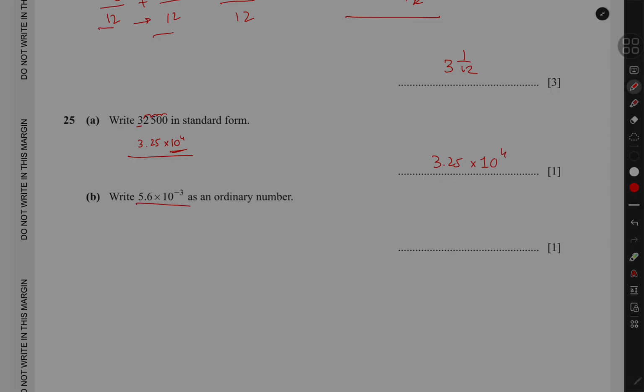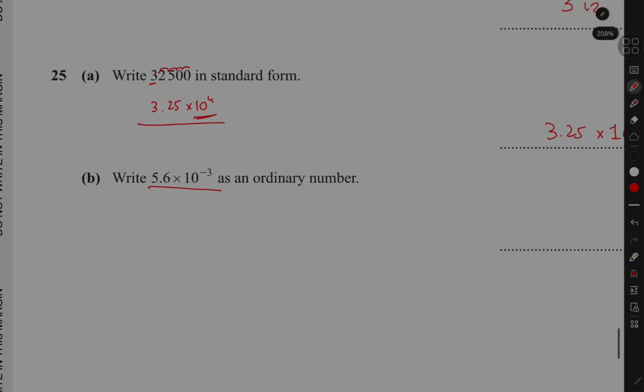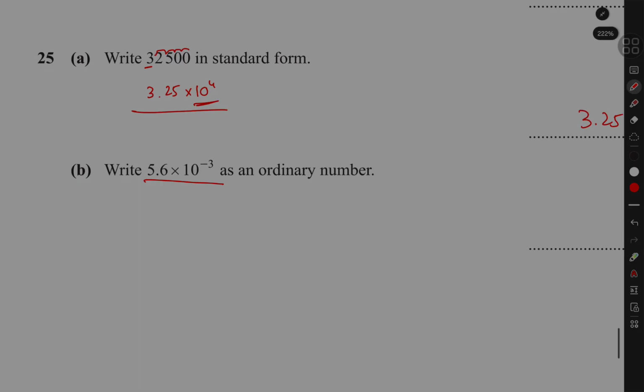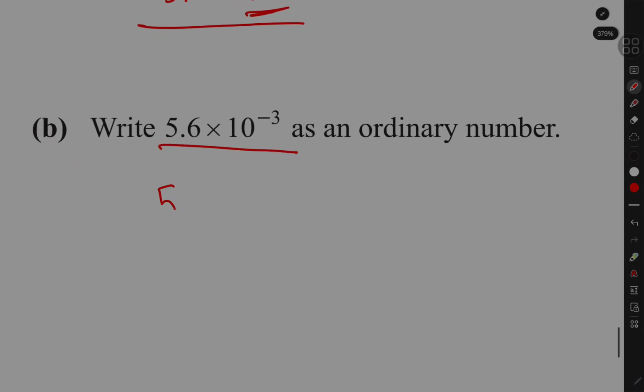Write 5.6 times 10 raised to the power minus 3 as an ordinary number. So what they are saying is I have 5.6. This is minus 3. So I will just go 3 places to the right. 1, 2, 3.